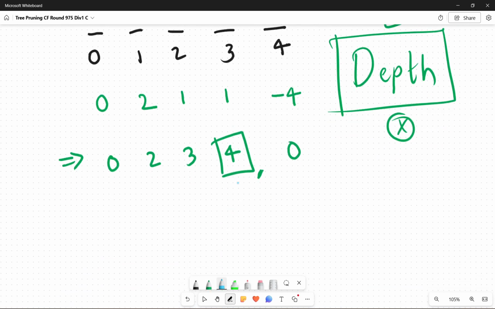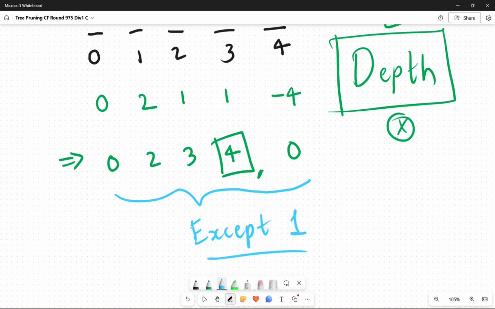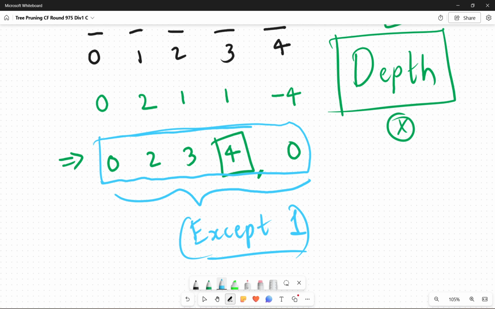This is also an important point, except one. 1 is going to be always there. So except 1, these are my statistics of the delta encoding array, and 4 is the maximum number of nodes surviving. So the maximum number of nodes surviving is 5, basically 4, and 1 is compulsory to take.